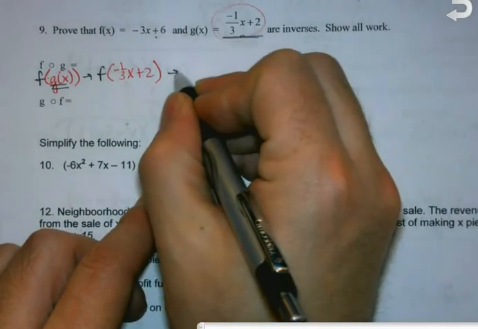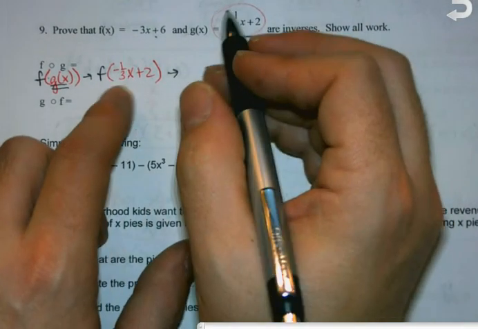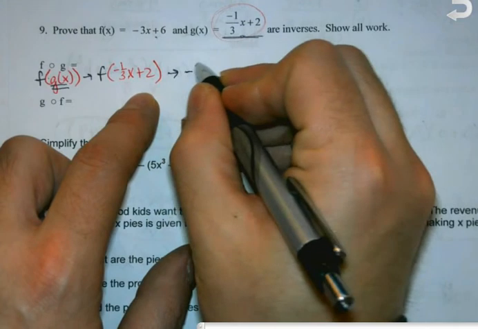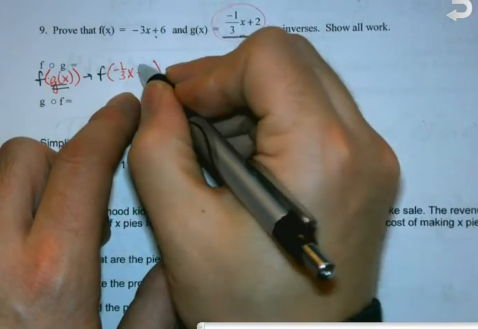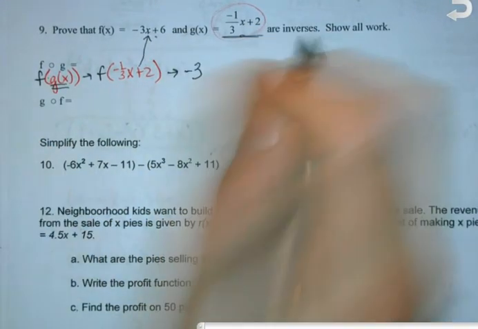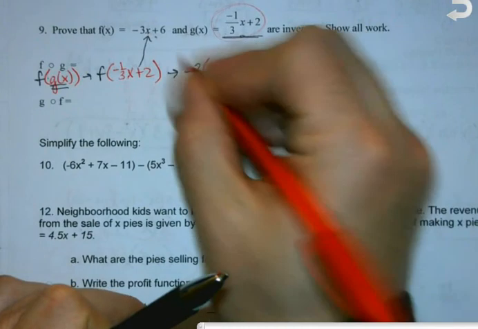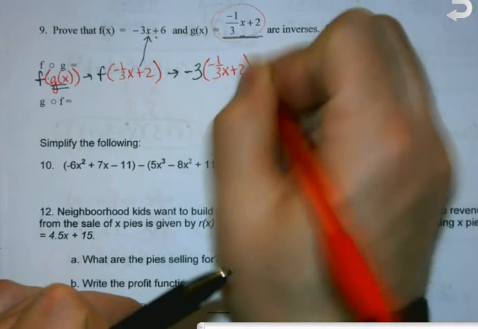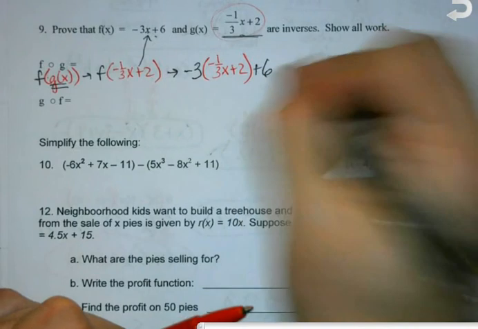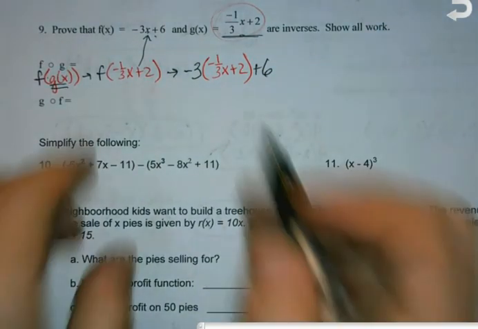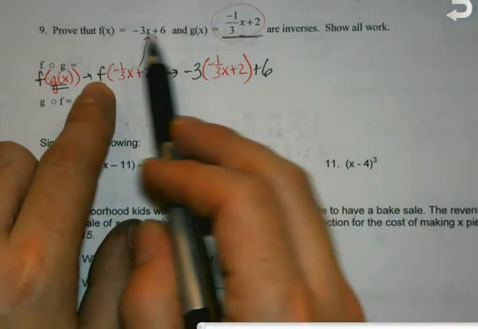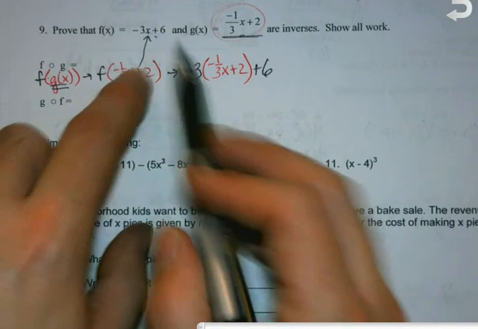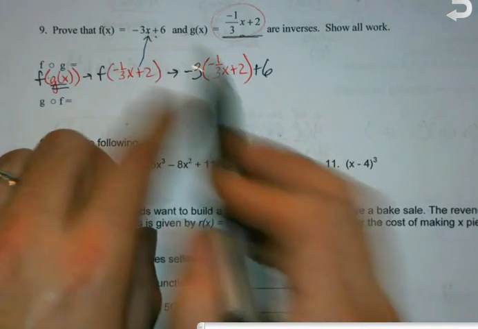So now this becomes -3, but instead of x, this is going to go in for it. So I substitute 1/3 x plus 2 for my x in f of x. Since my function is f, it's this expression, and I take the x out and replace it with this.